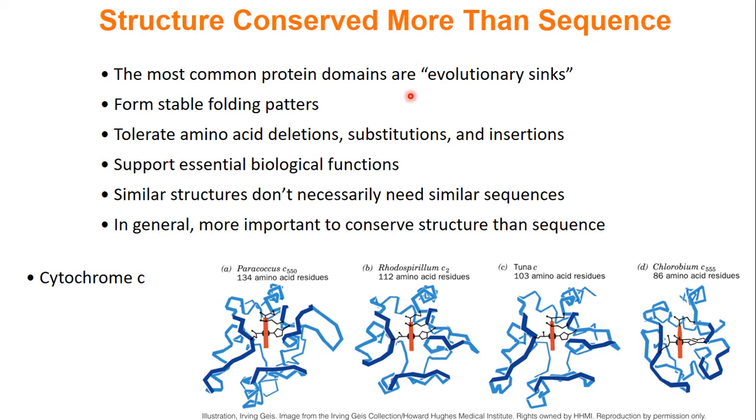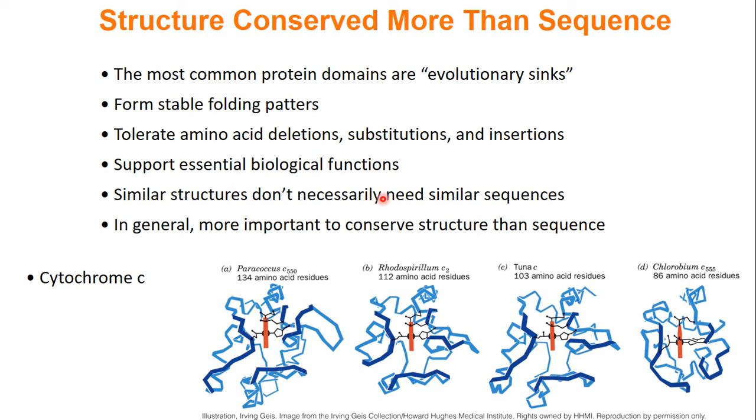And this is called an evolutionary sink. The idea is that these domains are very stable, and they're okay if some amino acids are mutated or not. Since these domains are very tolerant, it's possible that their sequence gets duplicated. You get a new protein with the same domain. That protein gets mutated, but continues to have that same looking domain over and over and over again.